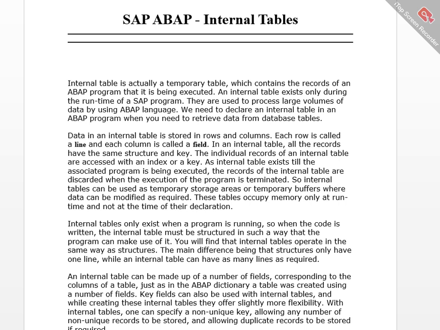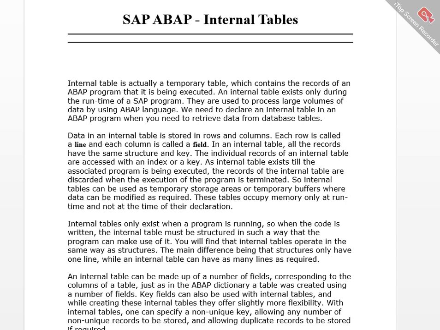So internal tables can be used as temporary storage areas or temporary buffers where data can be modified as required. These tables occupy memory only at runtime and not at the time of their declaration. Internal tables only exist when a program is running.